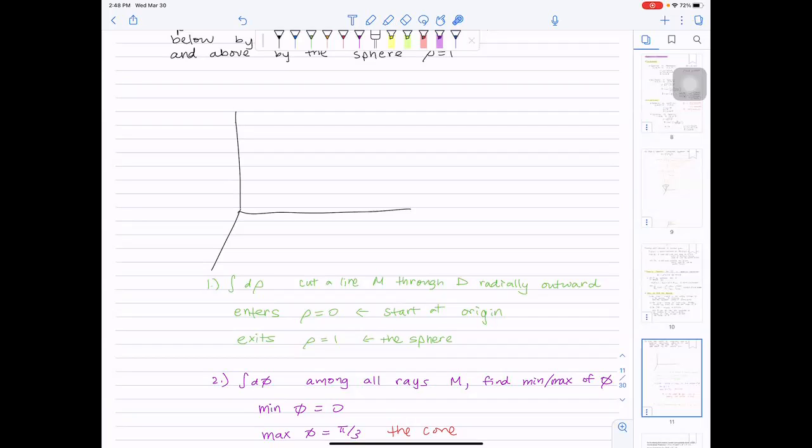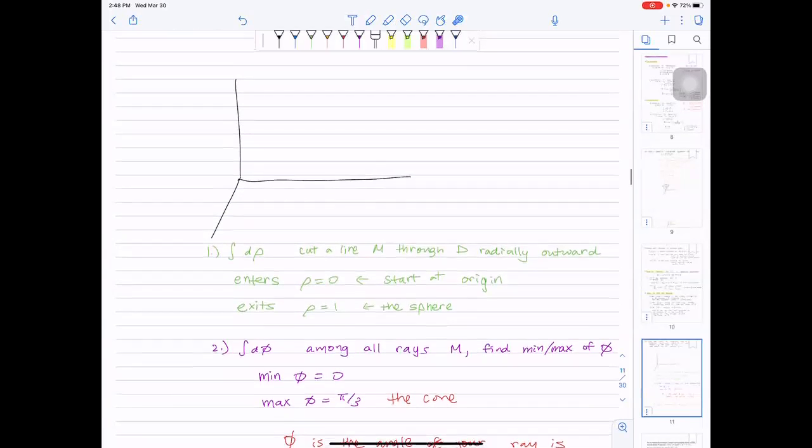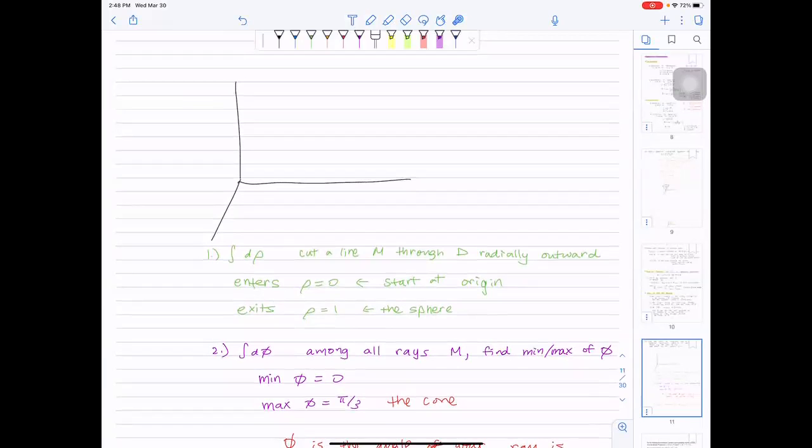If we head up to this line, this is phi equals pi over 2. This line would be phi equals pi. So the smallest phi we can have is 0, even though it goes to the left of our z-axis. Remember, the angle is the angle to the z-axis.